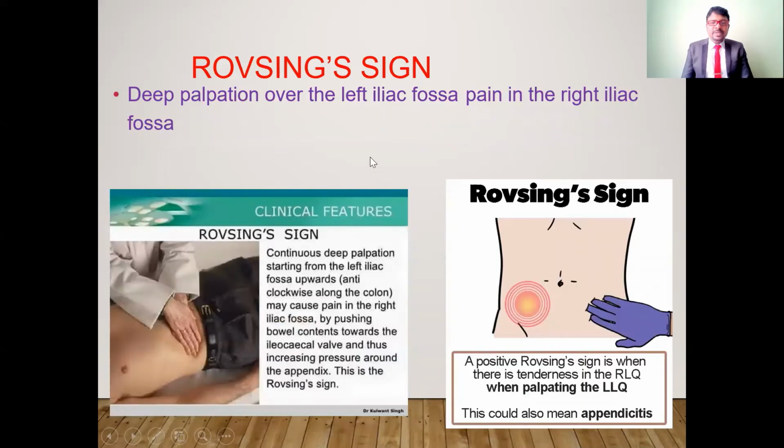So next one is going to be the Rovsing's sign. In this case, while doing deep palpation over the left iliac fossa, the pain will be in the right iliac fossa.